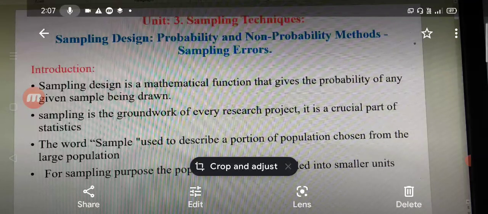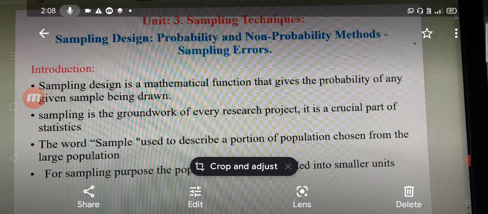With the help of sampling, the researcher gets a proportion of the respondents. Sampling is the groundwork of any research, based on the field work. It is one of the most important activities, or the weapon, of the research.